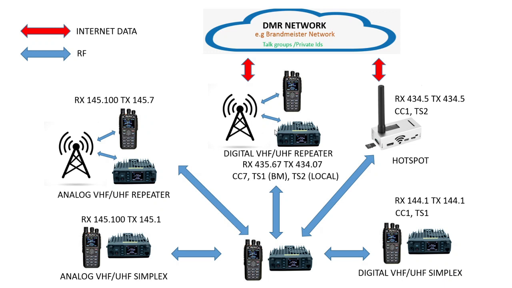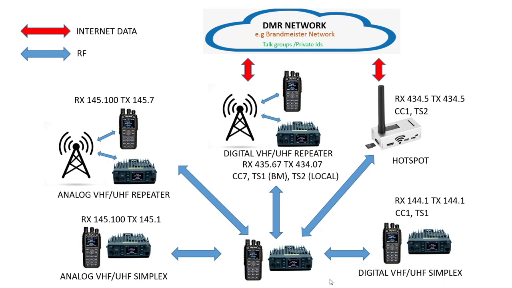Similar to the digital repeater, we need to define the color code, which I have defined as color code 1 and time slot 2 in the hotspot, and in a similar way in the radio as well for this particular communication.